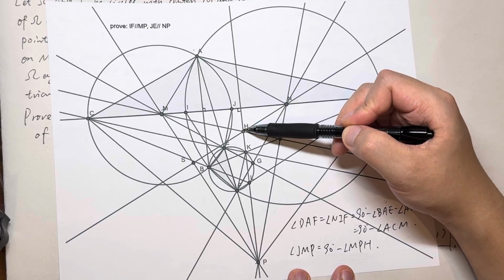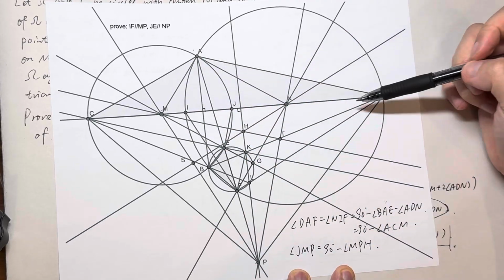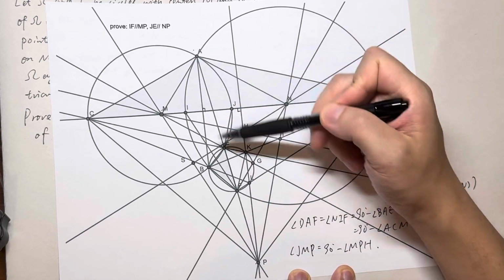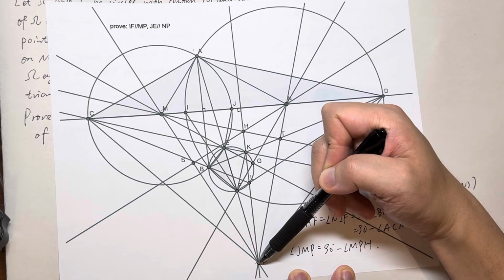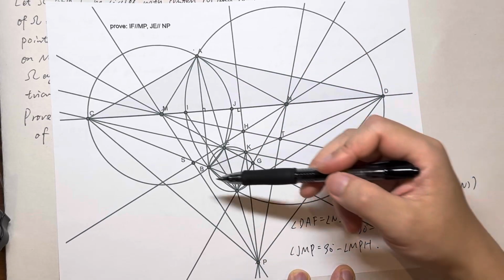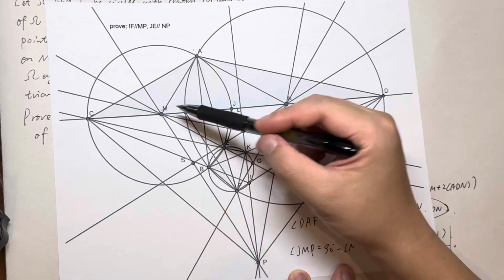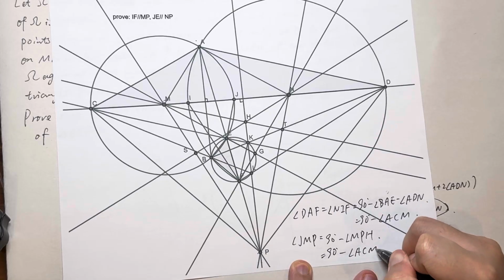And we just proved that angle MPA equals angle MDA, and angle APH equals angle BAP, which means angle MPH equals angle ACM. So it equals 90 degrees minus angle ACM.